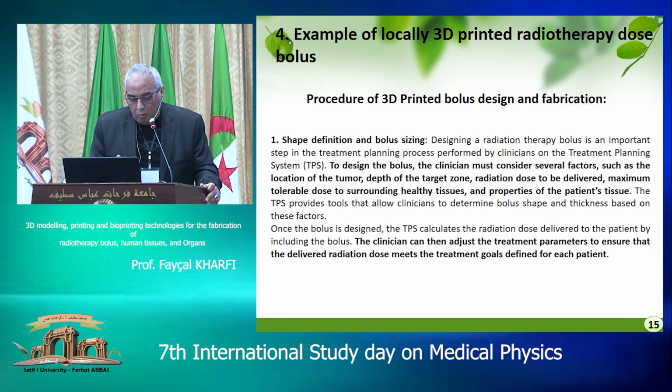So we included in the TPS two kinds of material that can be used for bolus fabrication. The first one is the PLA and the second is the GPU. We characterized them, and we introduced their characteristics into the treatment planning system. So the clinician now is able to choose such materials as bolus materials.